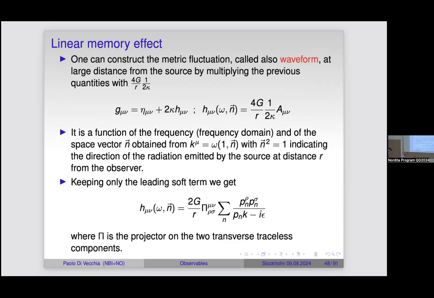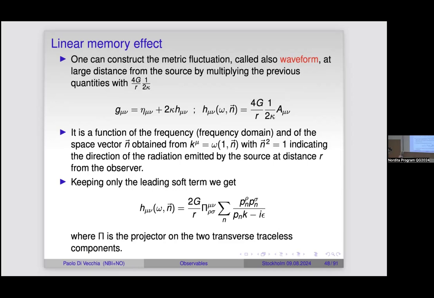Instead, you essentially, instead of putting the energy-momentum tensor, multiply this quantity with the scattering amplitude, and that's what you obtain in frequency domain. And it's a function of the distance and the angle in which you observe the radiation. If you keep only the leading soft term, that's what you get.